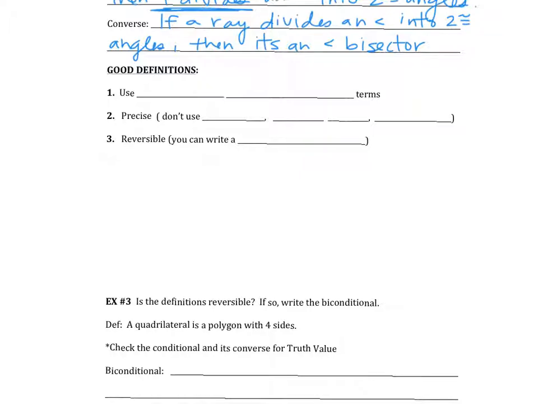So there's three things that we're going to talk about that make something a good definition, because I'm going to ask you, is this a good definition? You're going to check, are these three things true? If it is, then yes, it's a good definition, okay? So number one, something is a good definition if it uses clearly understood terms.